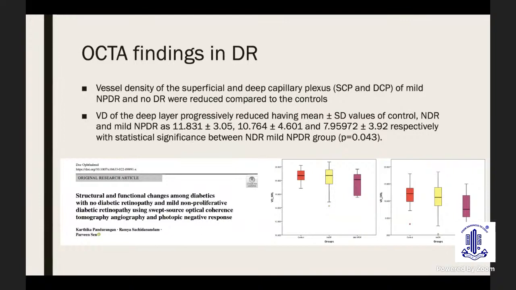We did a study where we compared the OCTA findings in patients with no diabetic retinopathy with the ERG. We saw that the vessel density in the superficial and deep plexuses was reduced, and this reduced progressively as the severity of disease increased.